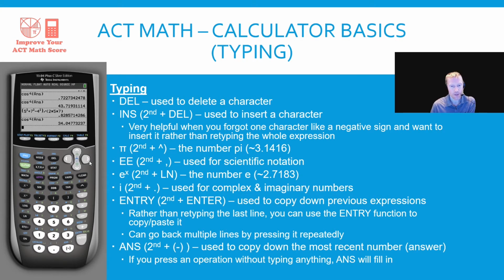So the answer function is very useful in terms of doing multi-step calculations and copying down the last value that you calculated from the line above to use it in another operation on the calculator.